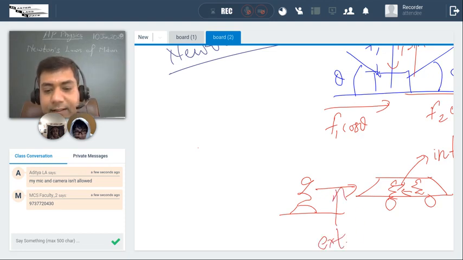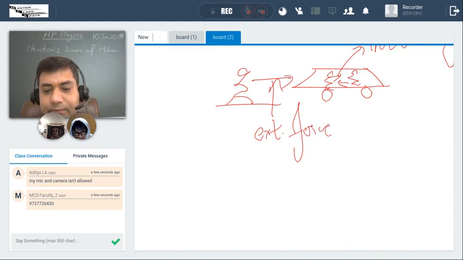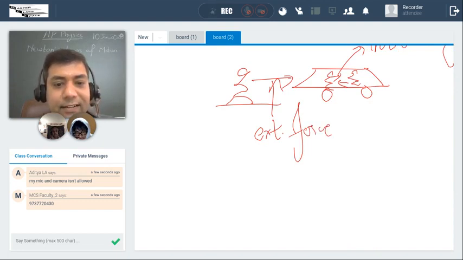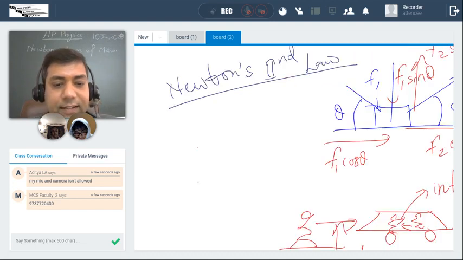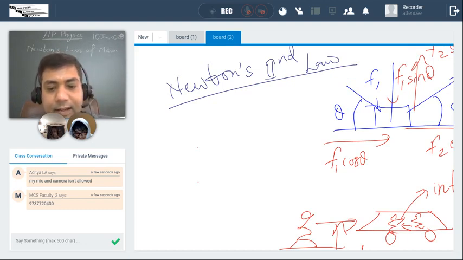This is external force. So what is the system? We are interested in the system, which is basically the car. Got it? The system is the car, and what is there inside the car. Agreed, Ishita? Yeah.